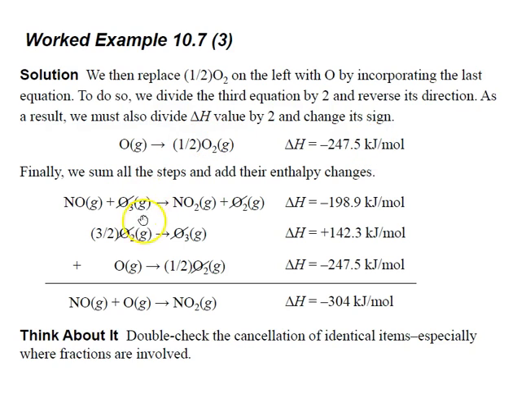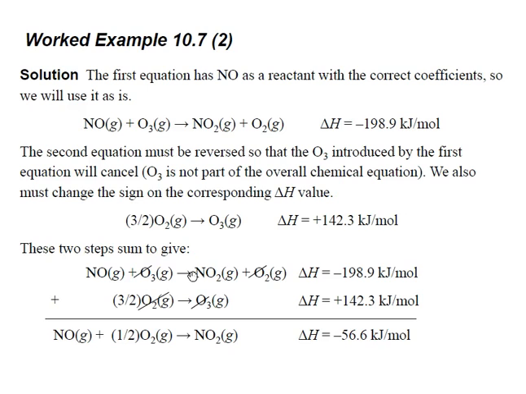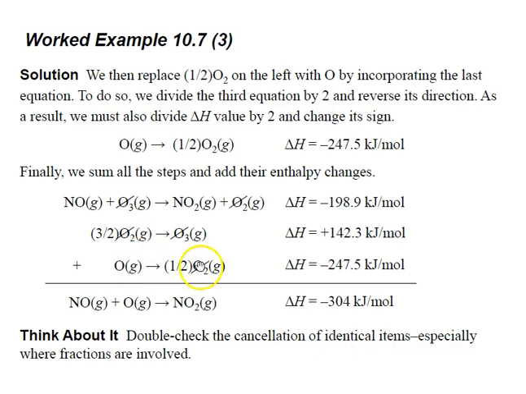We can incorporate that equation in, and what we'll be able to do is cancel out our oxygens, and our oxygens will go away. So you could even write this part right here, NO plus 1/2 O2 gives NO2 in this value, right on top of this equation.